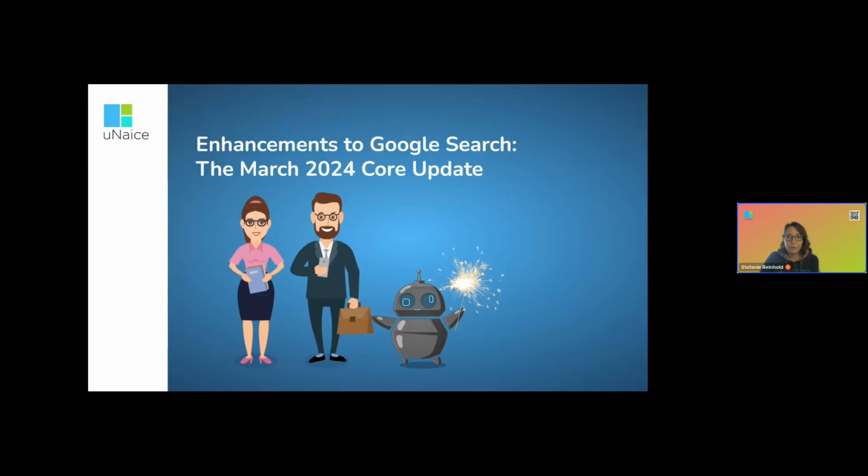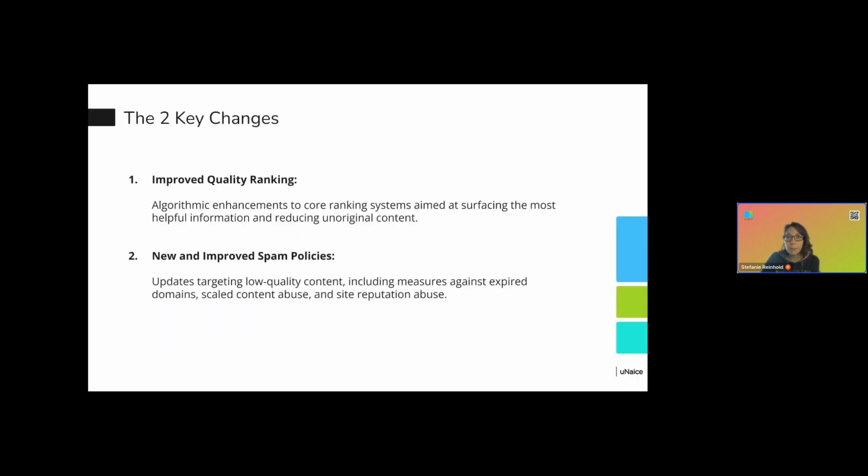All right. So the March 2024 core update. The 2 main key changes are, first of all, the improved quality ranking and the new and improved spam policies. The improvement of the quality ranking is, let's call it, a direct change to the search engine.